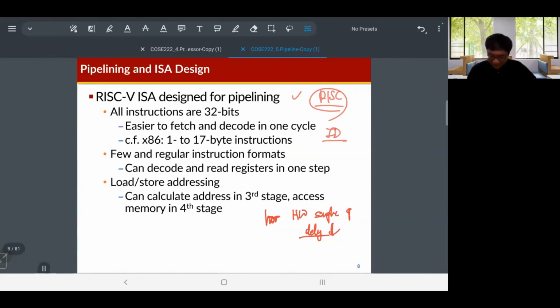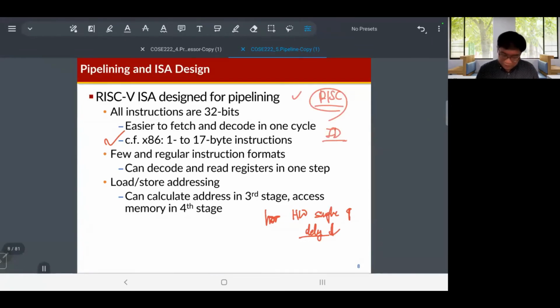So this slide explains that the RISC type instruction is good for the hardware implementation of the instruction decoding stage, but a different instruction set, such as x86, is a CISC type instruction, which means it's very complex, and the decoder hardware becomes very complex. It may take a longer time for decoding instructions.